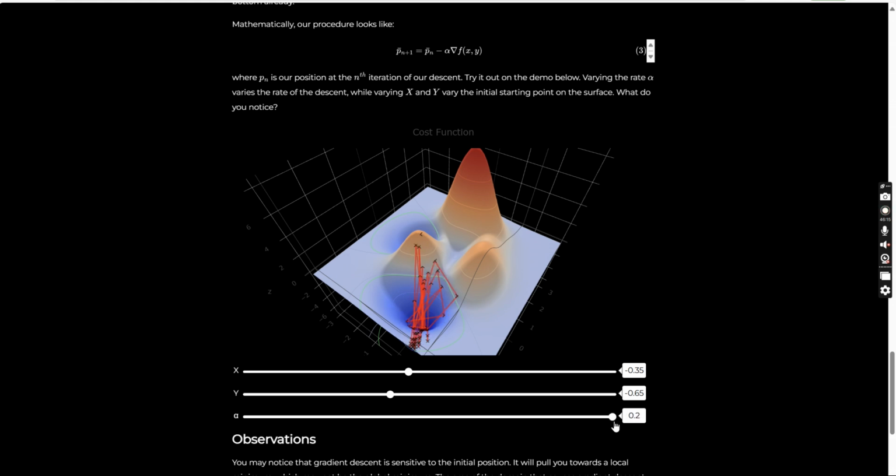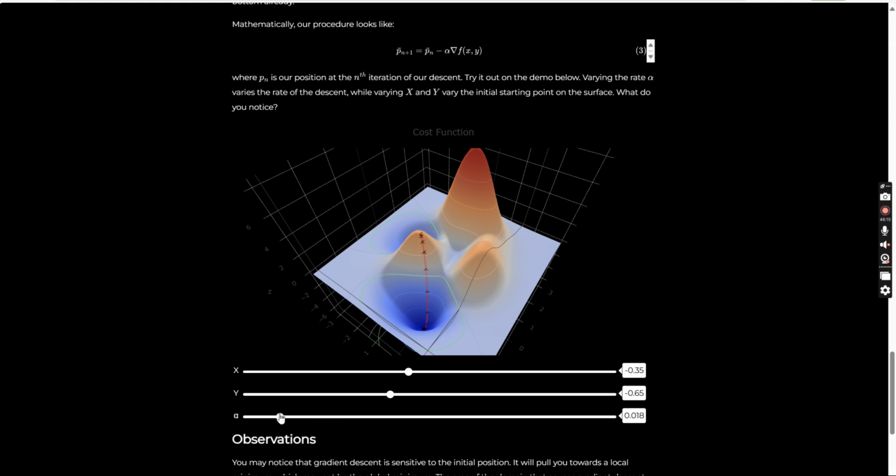If alpha is too high, it will never go to the lowest point, and hence it will never reach the local minima. Hence your loss function will never be minimal. Hence your model will never be accurate. So that's why you should have an alpha value which is small enough.